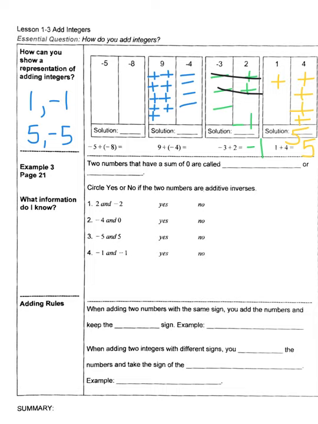So 1 plus and 1 minus is going to cancel out. It's going to be 0, nothing. And another one cancels out. And another one cancels out. And another one cancels out. And what do I have left? I have 5 positive symbols. So positive 5 is my answer.